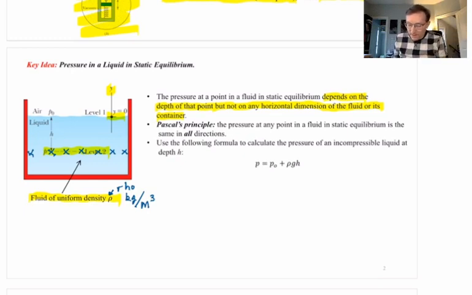That's one key point. And that's actually basically Pascal's principle, which says, based on experiment, that the pressure at any point in a fluid in static equilibrium is the same in all directions. Imagine that little small pressure sensor. It's very small, and it can be oriented however we want.